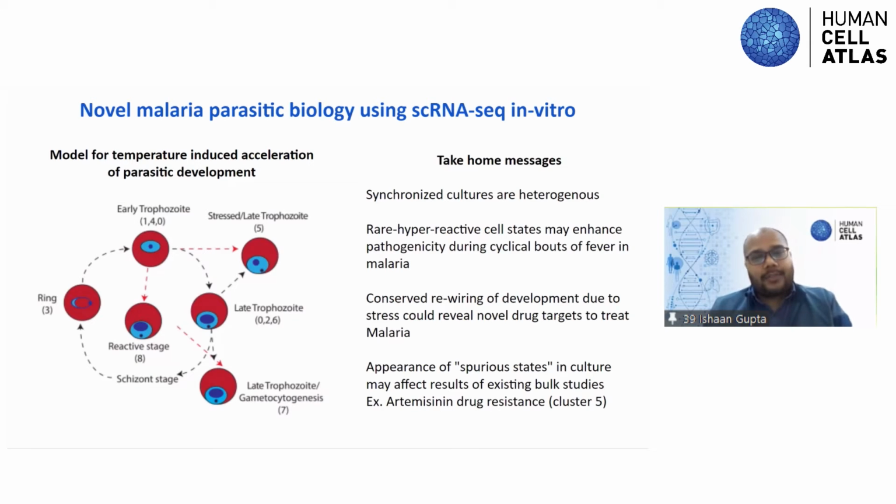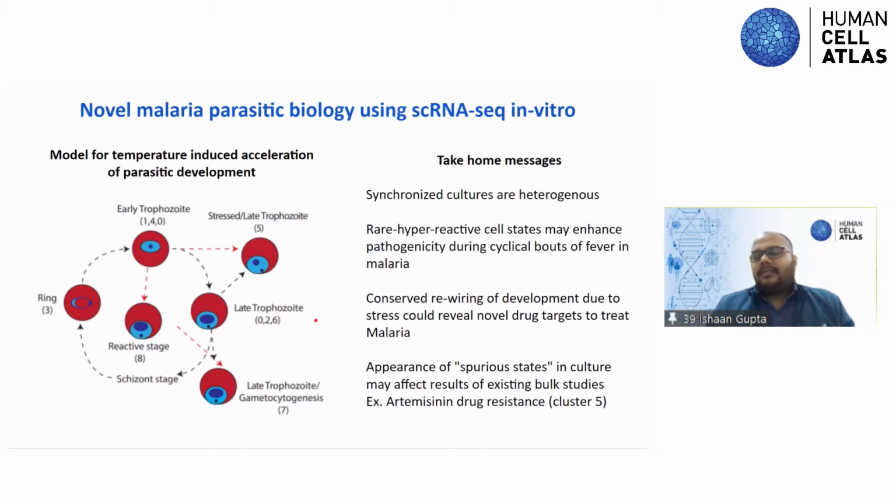So the take-home messages that we have from this short analysis is that when we expect in the laboratory the cultures to be synchronized, they're actually not very synchronized in terms of developmental time, and they're extremely heterogeneous. When you have temperature stress, it induces certain hyper-reactive cell states, such as this cluster 8, that can manifest over the cyclic bouts of fever and can enhance malaria.